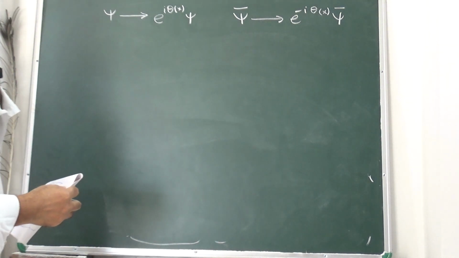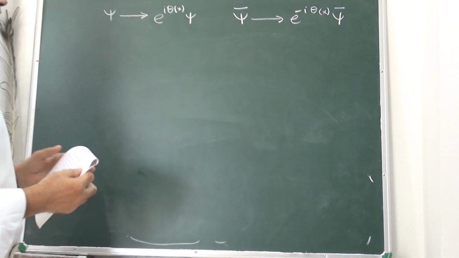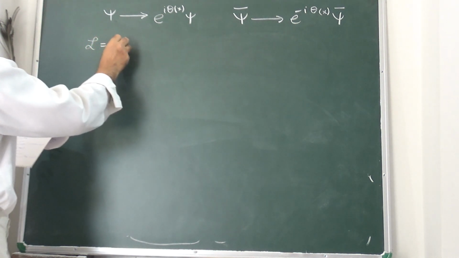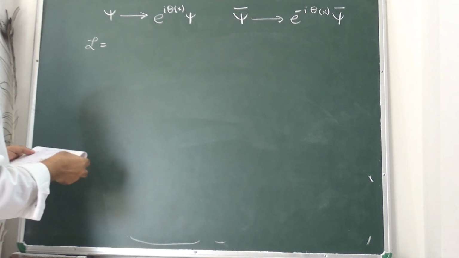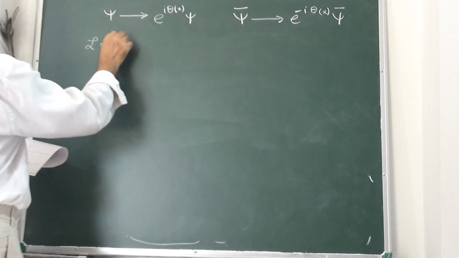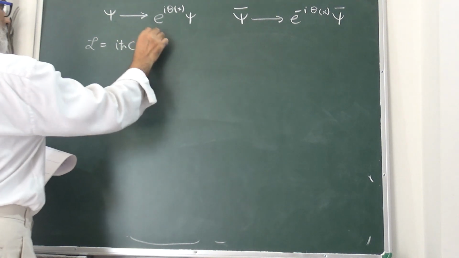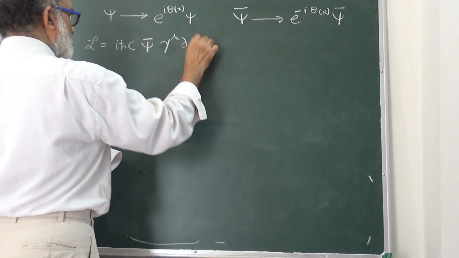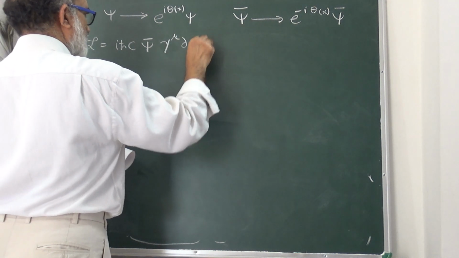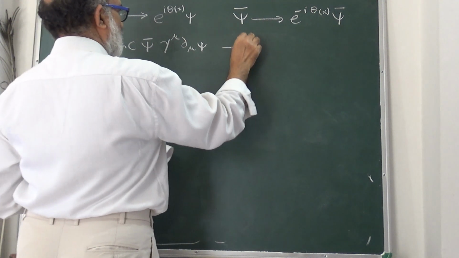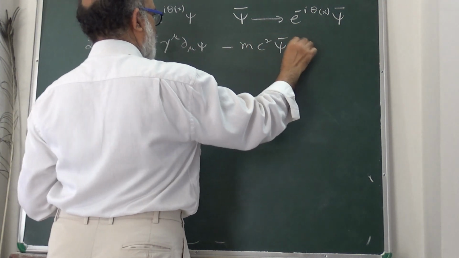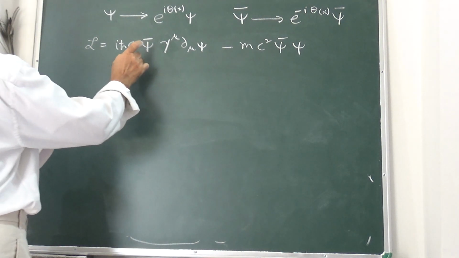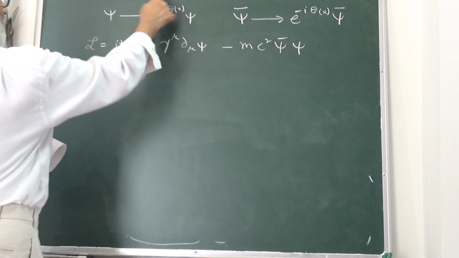I now apply this transformation to our Lagrangian. Our Lagrangian was i ħ c minus m c square. Now instead of taking the value of psi, I am taking this value of psi.